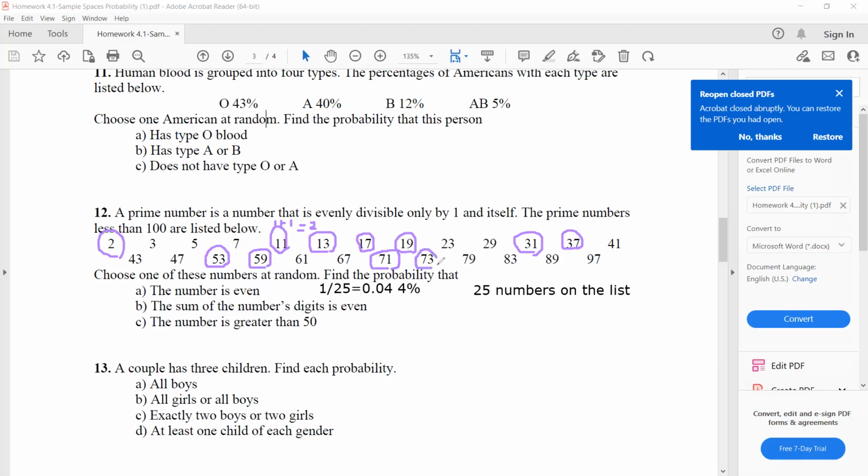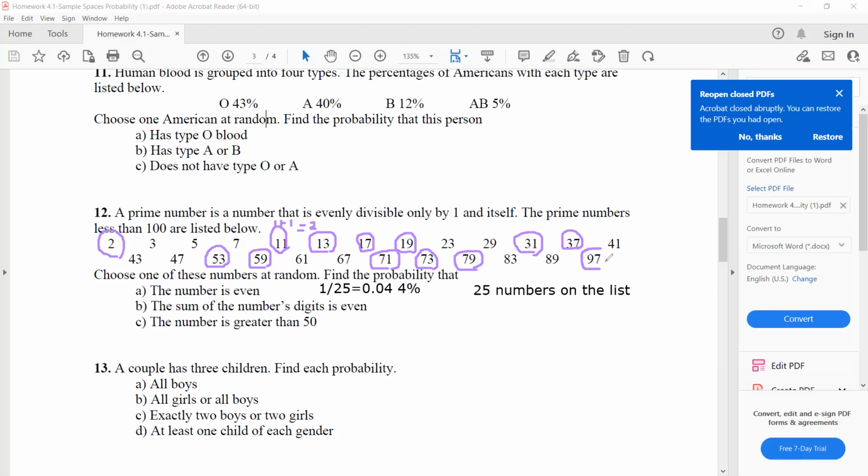Yep. 7 plus 9, we count. It equals 16. We count this one. 83, 8 plus 3, it equals 11, no. 8 plus 9 equals 17, so no. And 9 plus 7 equals 16.